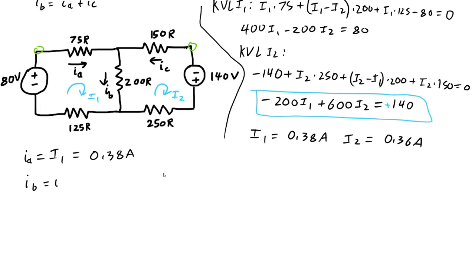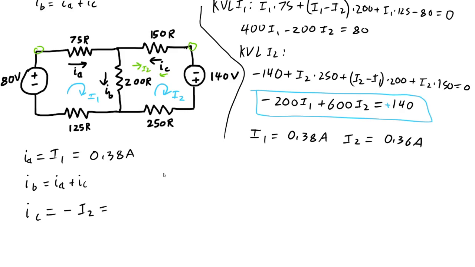IB is once again IA plus IC. So we'll come back to that in a second. And IC is negative I2 because our mesh current I2 is going this direction, IC is going this direction.